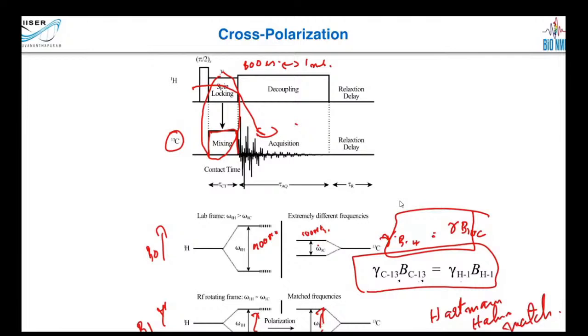Now the carbon gains the sensitivity of the protons. That way we compensate for the lower sensitivity of carbon by transferring magnetization from the proton to carbon. That is the takeaway.